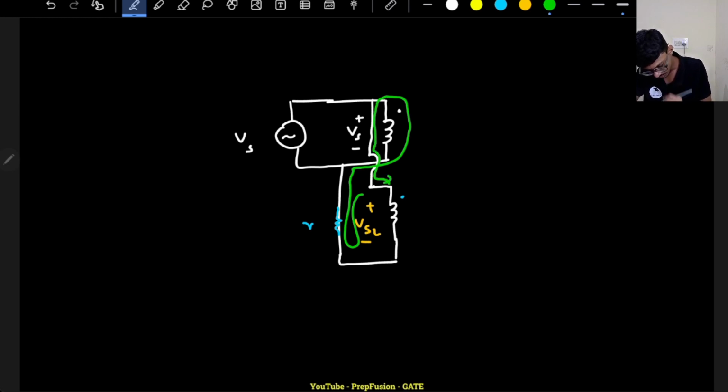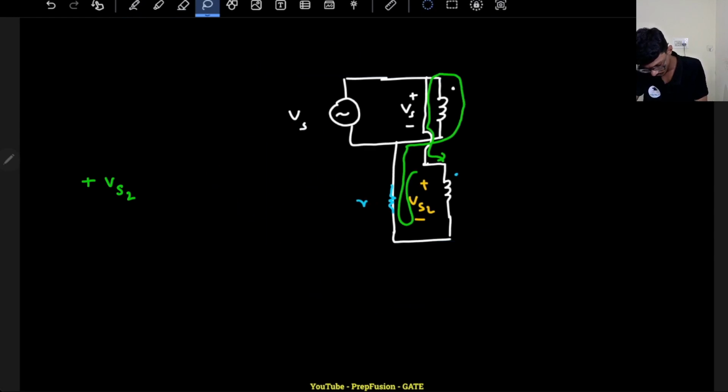Basically I will start from plus Vs2, then minus Vs, then the small resistance, so the drop will be plus Ic into R. So plus Ic into R minus Vs will be equal to 0.